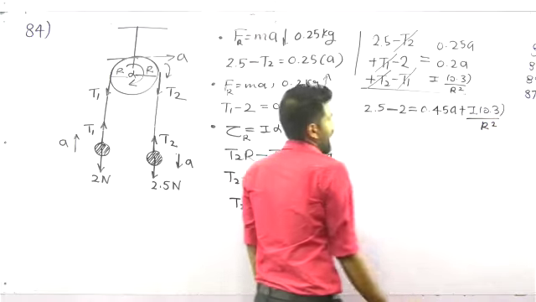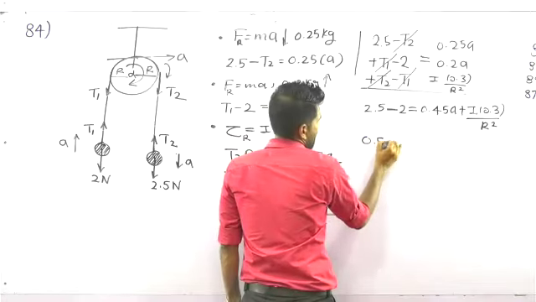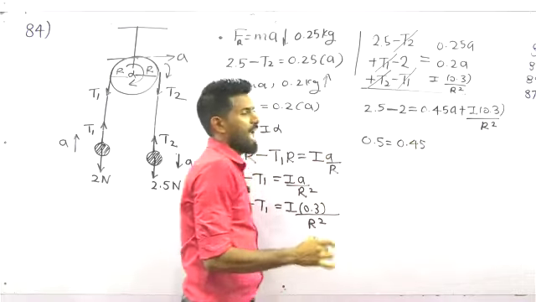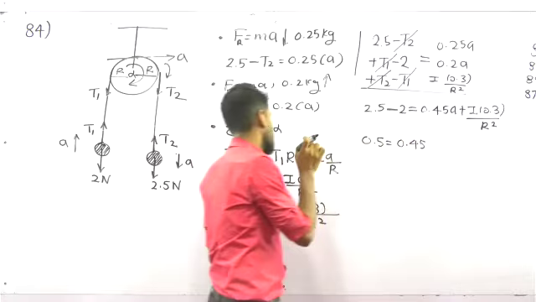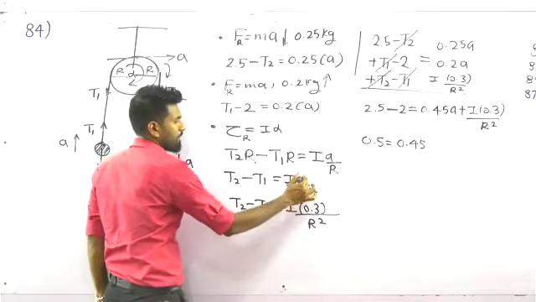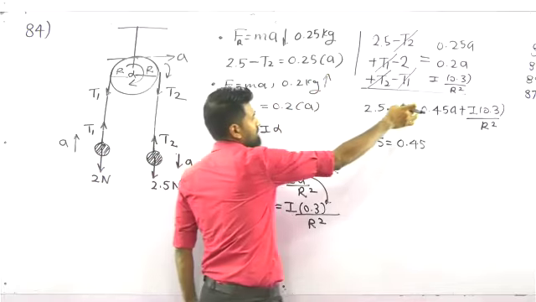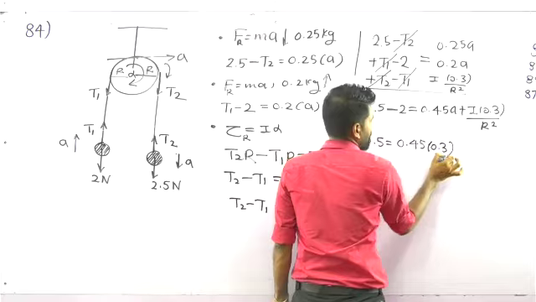What is this 0.3? Acceleration is given. 2.5 minus 2 is 0.5, and 0.45 into acceleration. Acceleration was given and it was substituted as 0.3 here. So why can't I substitute it for the other places where acceleration appears? 0.45 into 0.3.